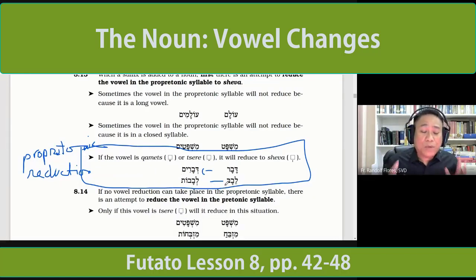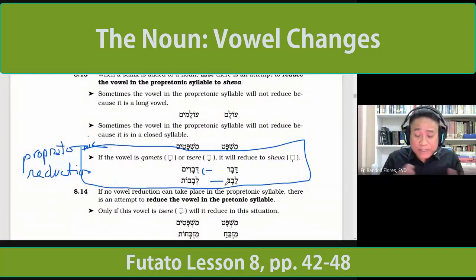Now, in this course, I do not require you to master the reduction of the vowels because it's really tedious. It's for the professor and advanced students. It is so that you will not wonder or be asking questions, why are these vowels this way? Davar, devarim. What happens to that?